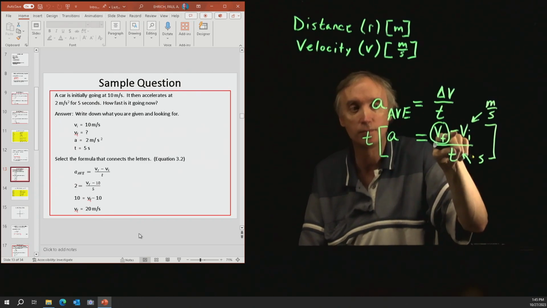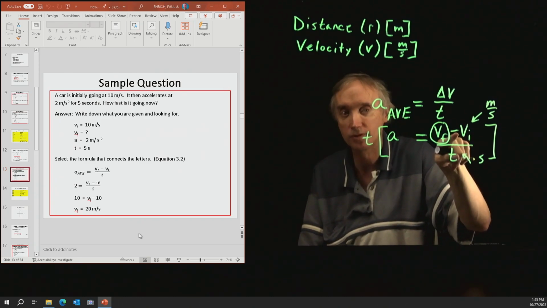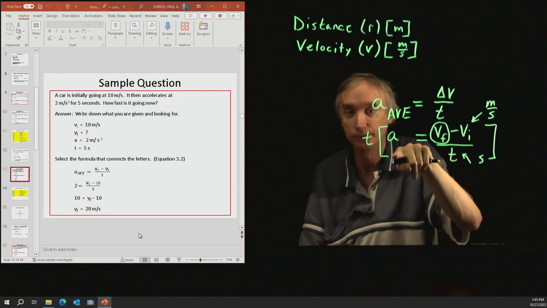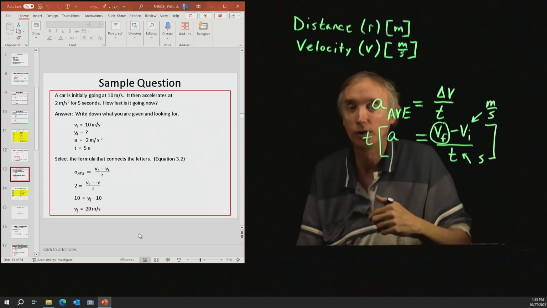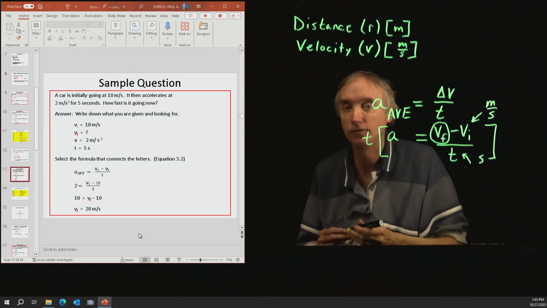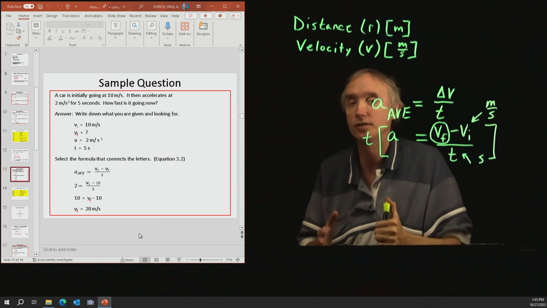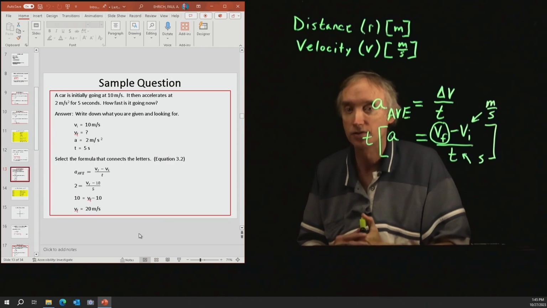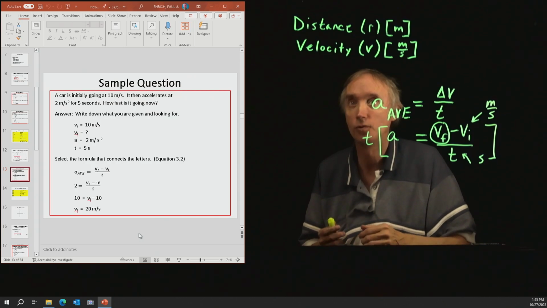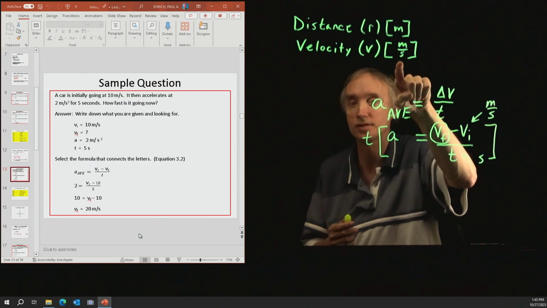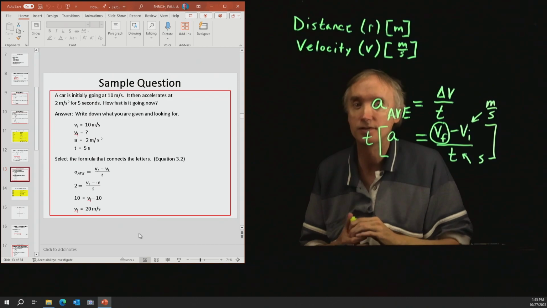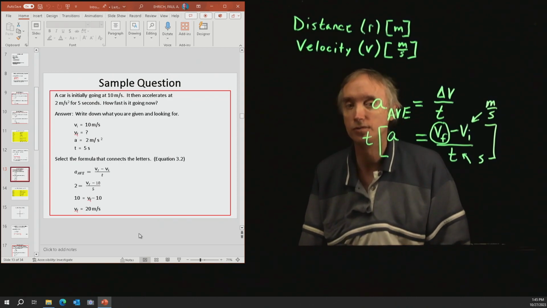And this is a minus, so the opposite of a minus is a plus. So we're going to add it to it. And so we're going to end up with a final speed of 20. Now, don't forget to put the units on there. So the official metric unit for speed is the meter per second. So there's an example of how we would use this formula.